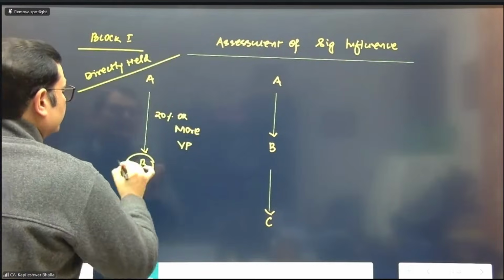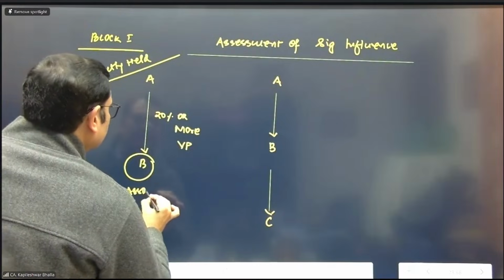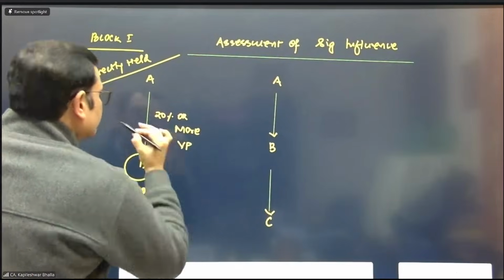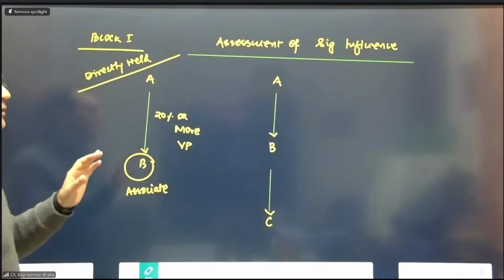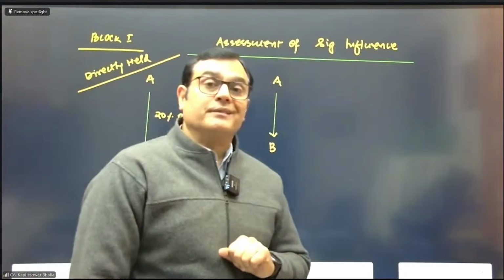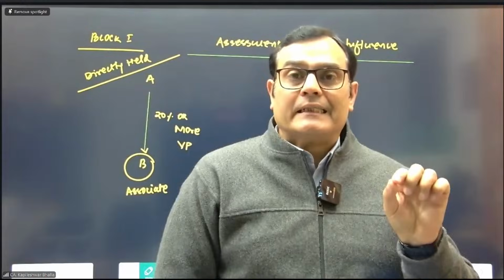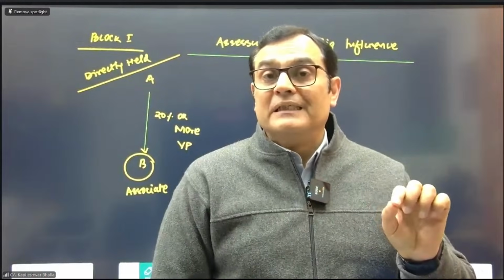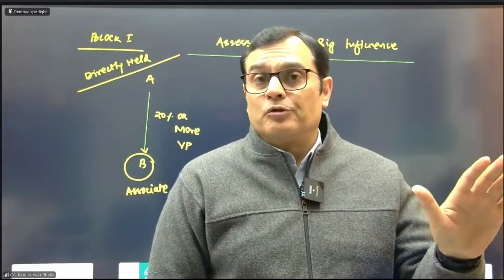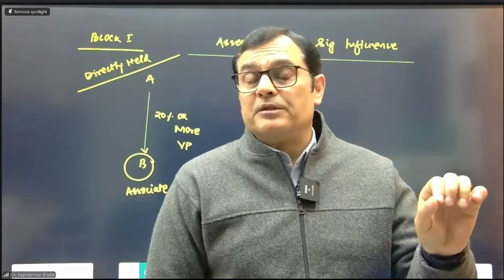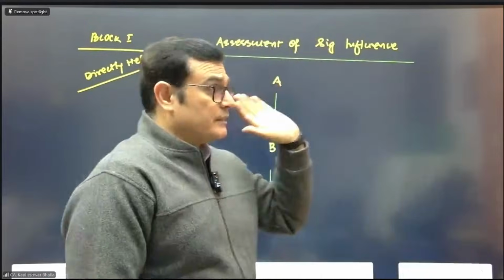So B is definitely an associate of company A. A has got a significant influence by a thumb rule, because he's got 20% directly voting power in terms of B. Unless there is anything to the contrary, we assume that with the 20% voting power, he gets a significant influence. Next.